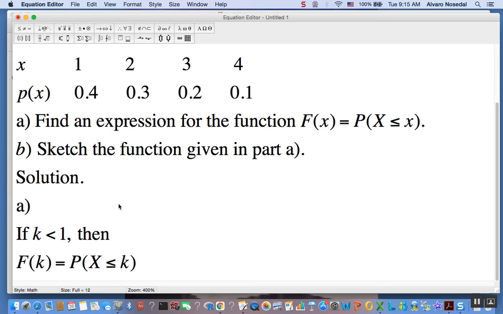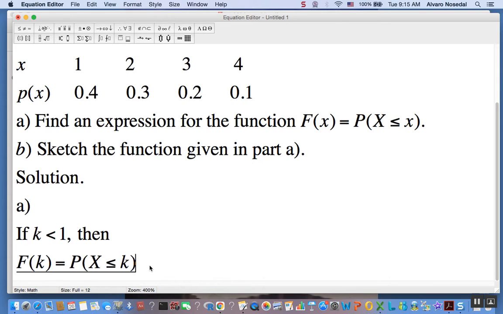Now let's think about this. If k is, for instance, 0, we would like to know what's the probability that the random variable is less than or equal to 0. We could think about this random variable like a four-sided die. Probability of rolling a 1, 0.4, probability of rolling a 2, 0.3, probability of rolling a 3, 0.2, and probability of rolling a 4, 0.1.